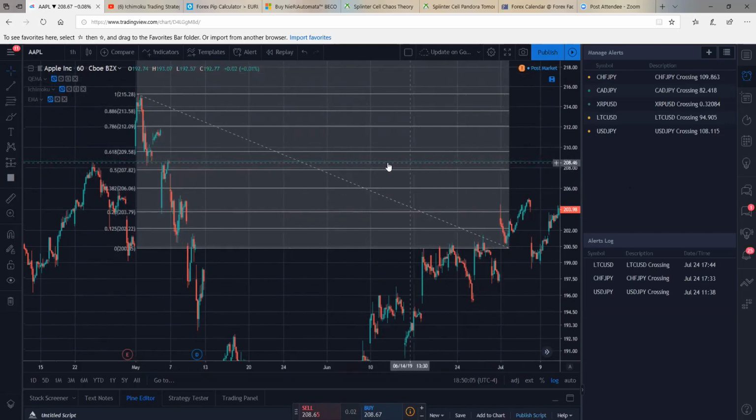Current price is between the 0.618 and 0.5. The 0.618 and the 0.5 are the two most powerful areas you can enter into a trade.